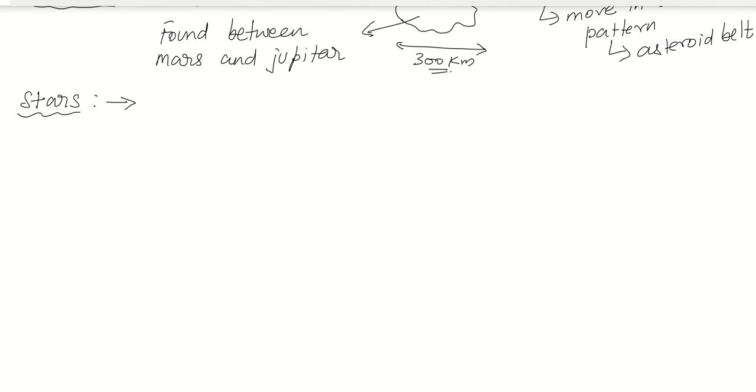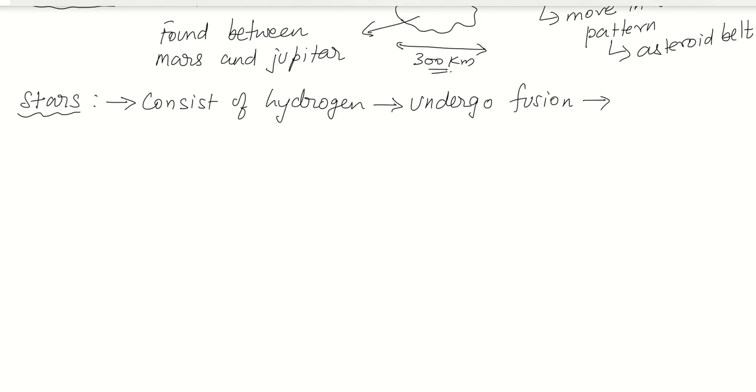A star, we know, consists of hydrogen, and this hydrogen undergoes fusion reaction, and because of the fusion reaction, the hydrogen combines to form heavier nuclei. Check the spelling. Heavier nuclei.